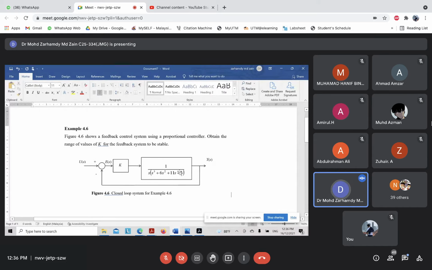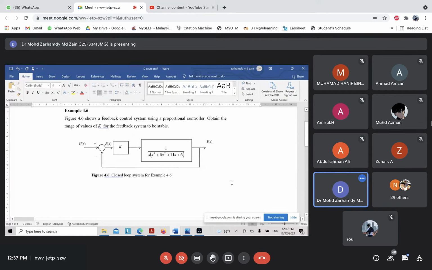The concept is still the same. We come up with the characteristic equation, then put it into the RH table, and then calculate by looking for B1, B2 and C1. Can you try it? We will discuss after you finish putting it in the RH table.